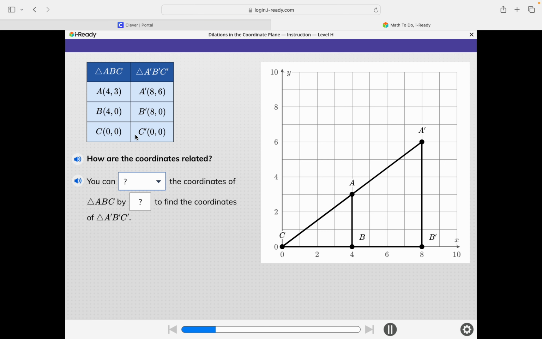And Suhani, what is C prime? C prime also has X 0 and Y 0. So now you understand C and C prime are in the same place because the origin is the same and the figure also started from the origin.